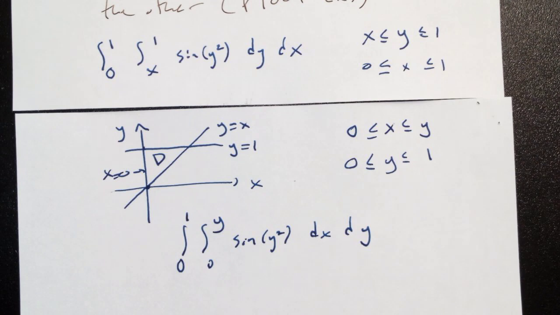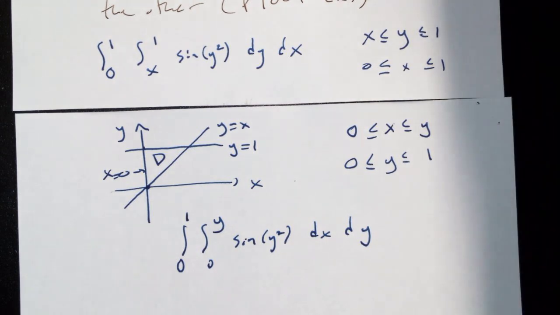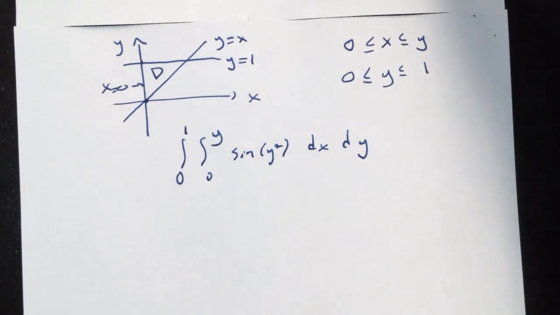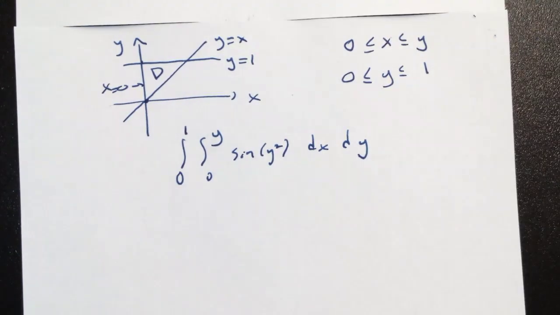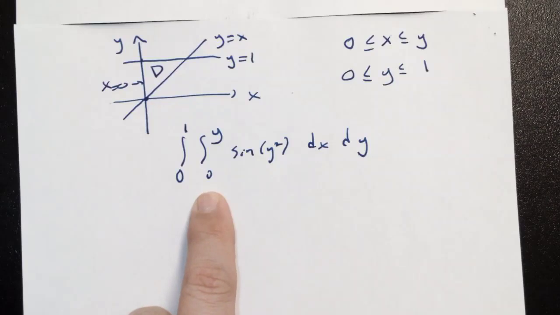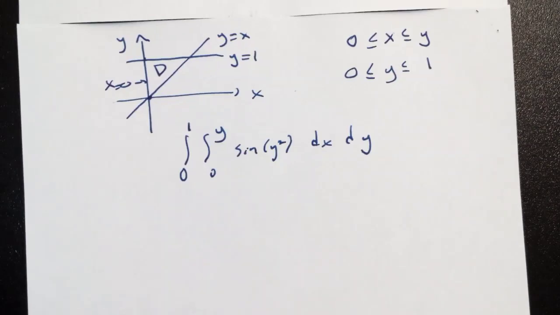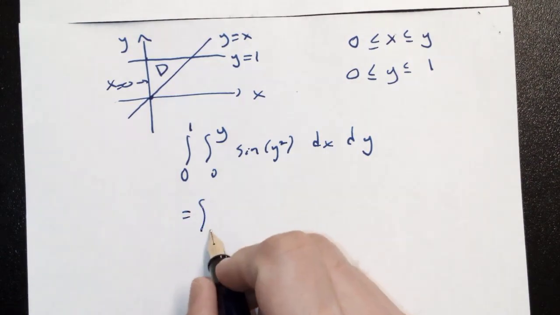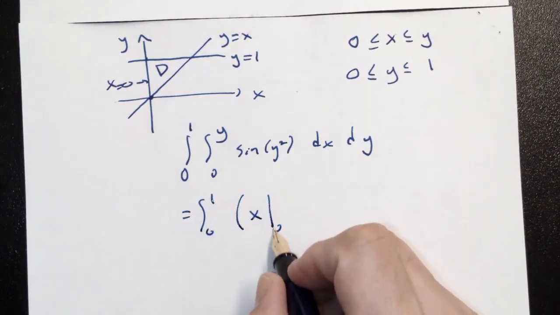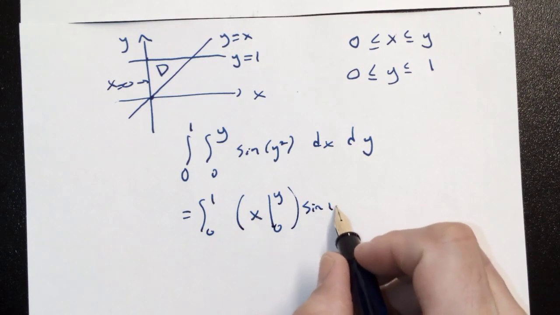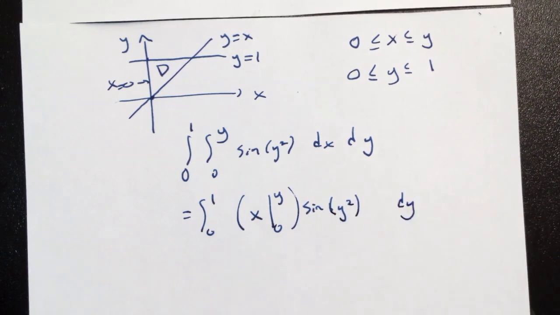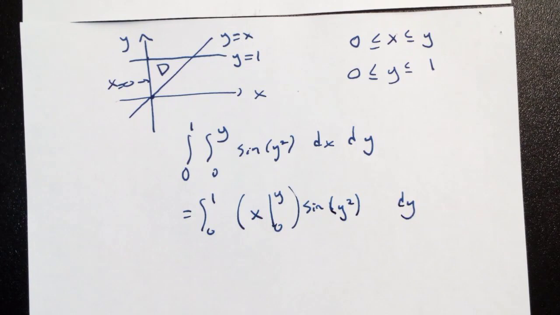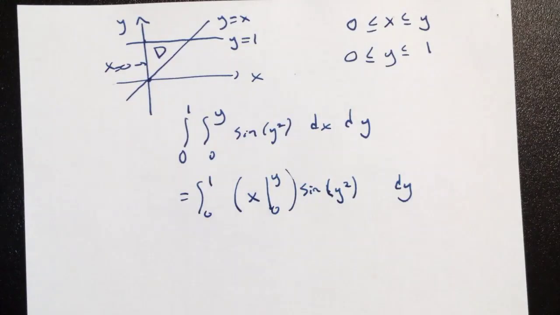What happens when you integrate with respect to x? I just get an x. But that x is evaluated on those limits. What do you get when you evaluate in there? I get a y. And then I have an integral in one variable.